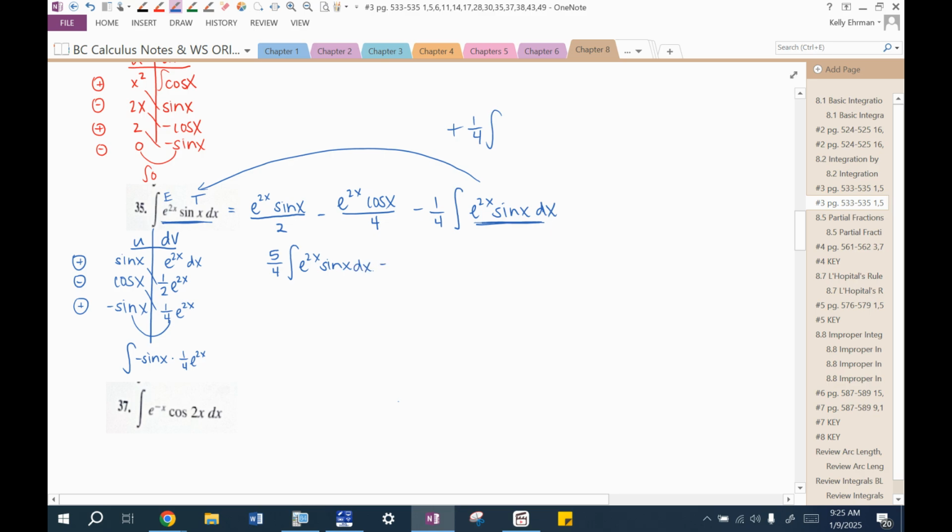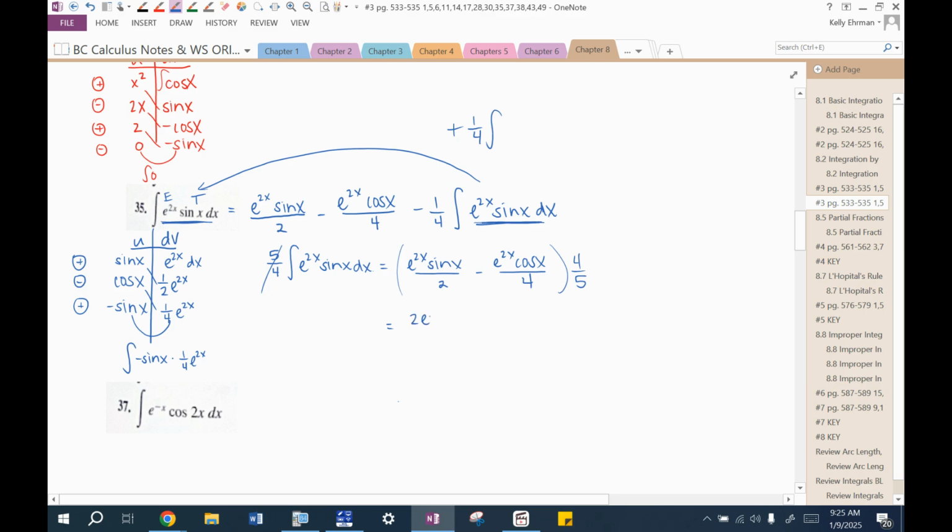This is like we did in the notes. And now all that's left over here are the terms that we had already gotten out of their integrals. And now to solve for this integral, I would need to get rid of the 5/4. So I'm going to multiply by 4/5. So 4 over 2 is 2/5.